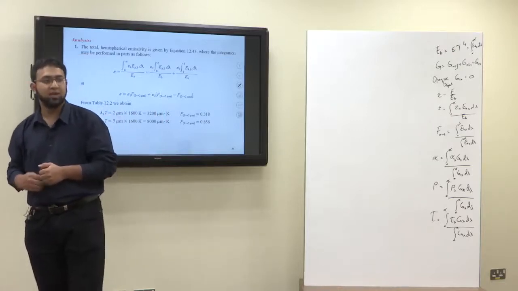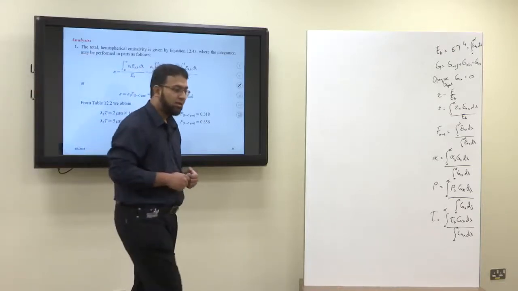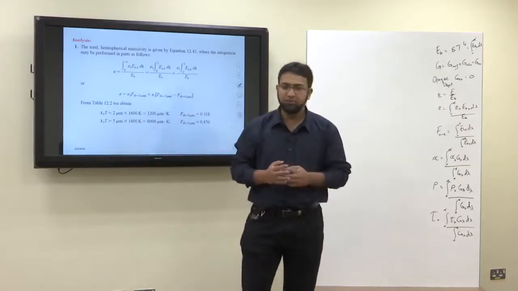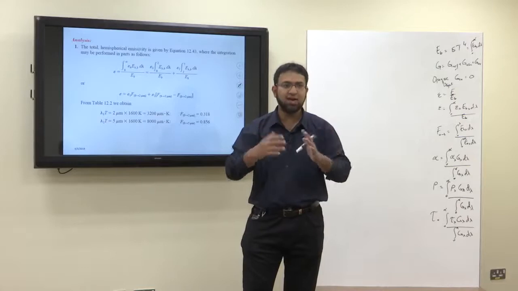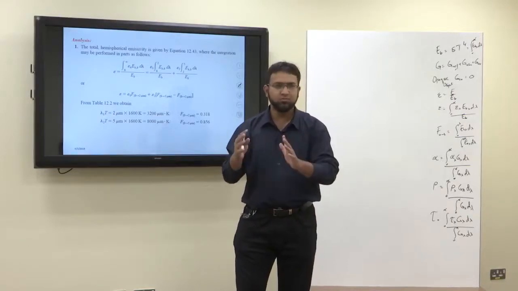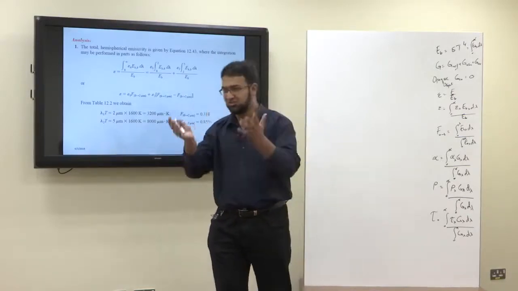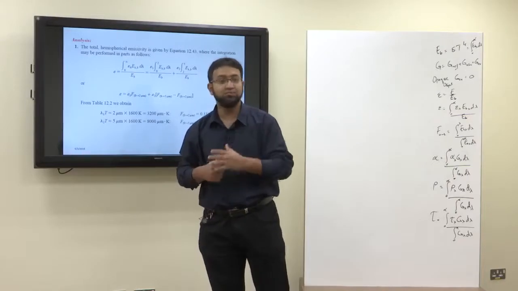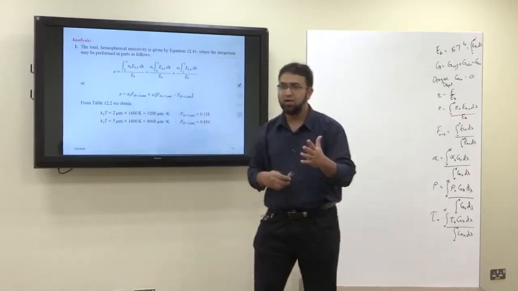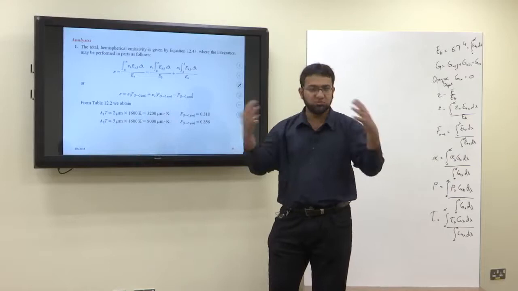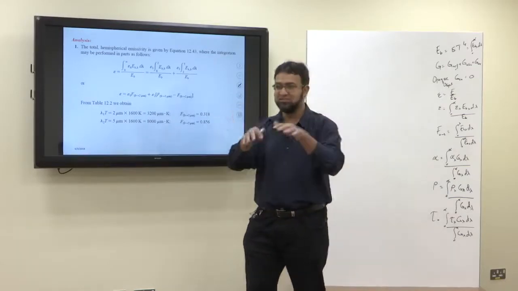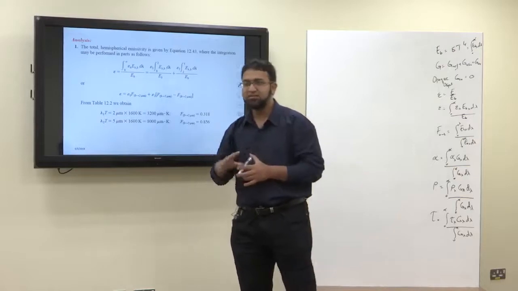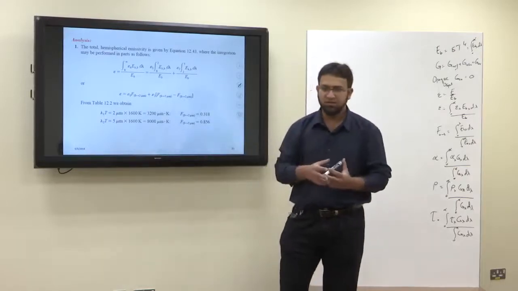A black body is a perfect emitter, so perfect that no other body in the world can emit as much as it can. And it is a perfect absorber, so perfectly that it absorbs all the radiation that nobody can absorb as much as it can. That's an idealized body, the black body.